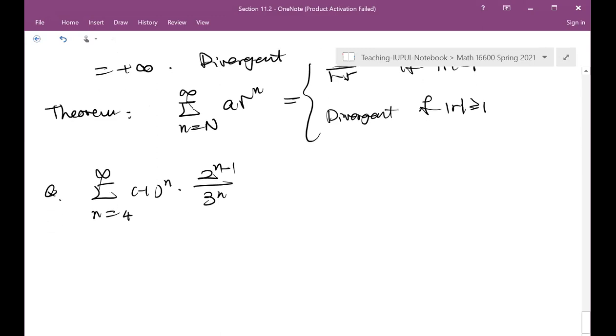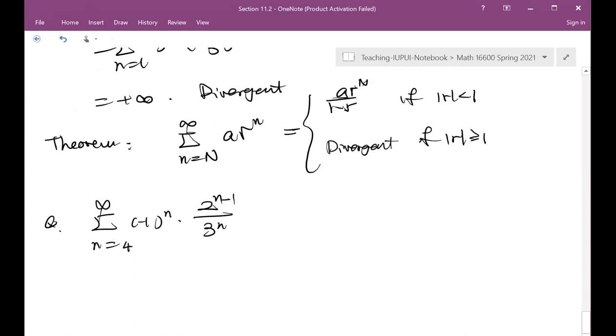All right. So the question is, is it convergent? And what is the limit if it's convergent? You think about it. I want you to try first. You can get the answer from the formula above. You just figure out what is capital N, what is A, what is R.